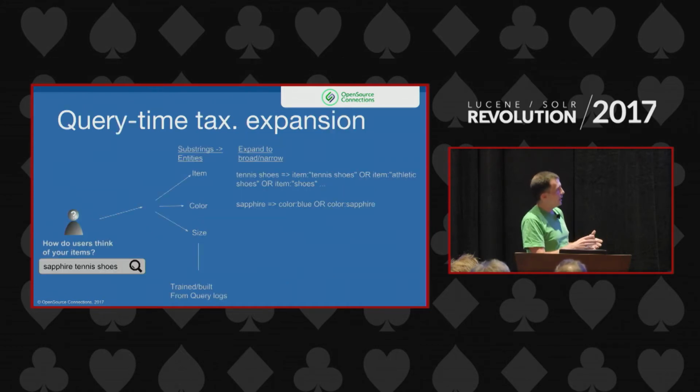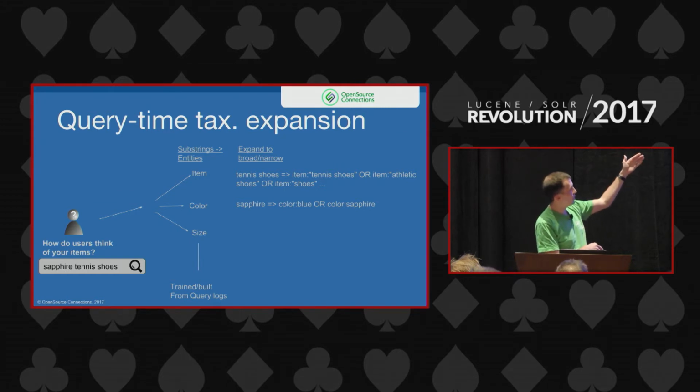Now, index time is one way, and I'll talk about the pros and cons. Another way people do this is with query time expansion. Query time, you can see here that, and a lot of people probably have done similar things, where we're taking our phrases and we're starting at tennis shoes, and we're broadening out semantically tennis shoes, athletic shoes, and the same thing with our colors.